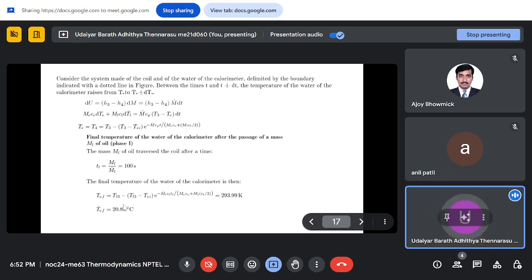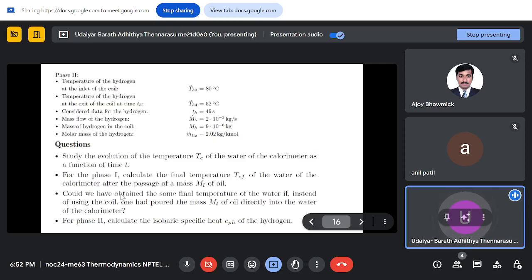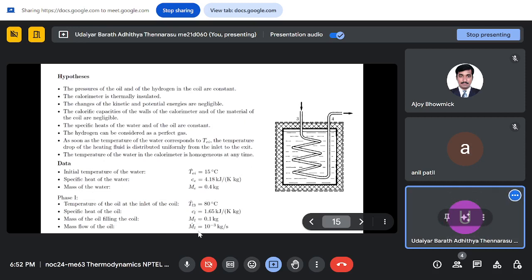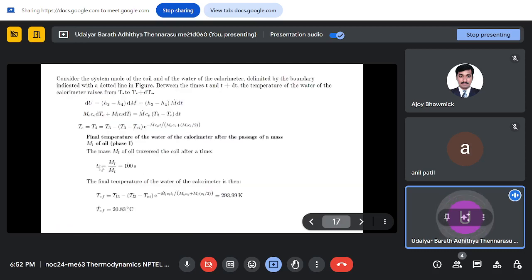So the final temperature will come out to be 20.83 degrees Celsius, because we know the mass flow rate of the oil, so the mass of the oil flowing in the coil is known. It is 0.1 divided by 10 to the power minus 3, which is 100 seconds.